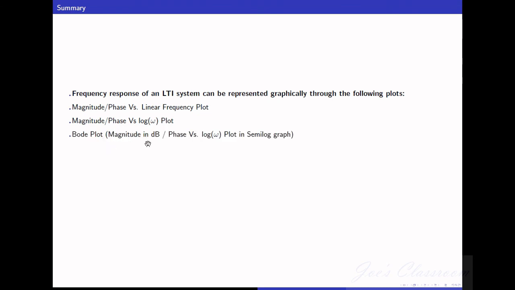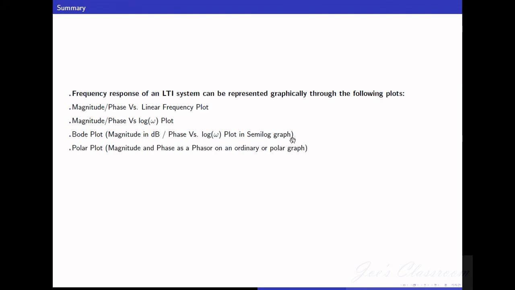It contained both the magnitude plot and the phase plot. In the magnitude plot, the magnitude was taken in decibels and the frequency on a logarithmic scale, and the phase was taken in degrees. The Bode plot has two subplots, the Bode magnitude plot and the Bode phase plot. It is drawn on a semi-log graph because only one axis has a logarithmic scale. That is why we call it a semi-log graph.